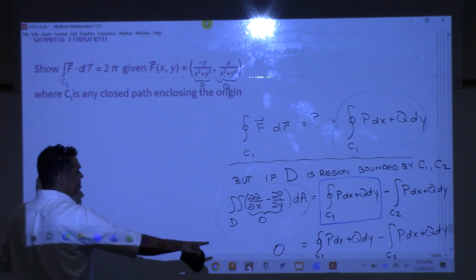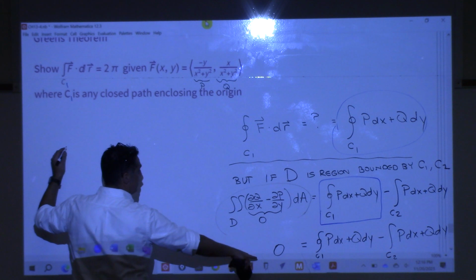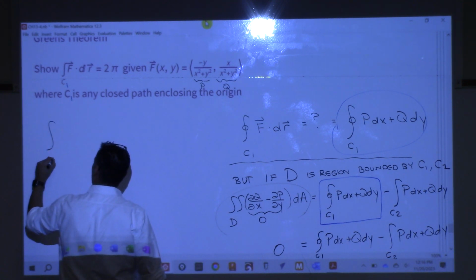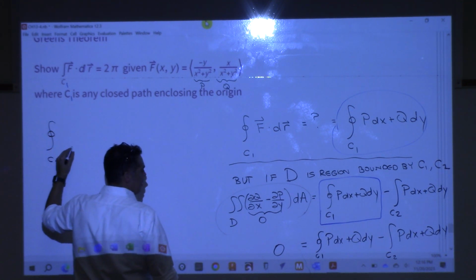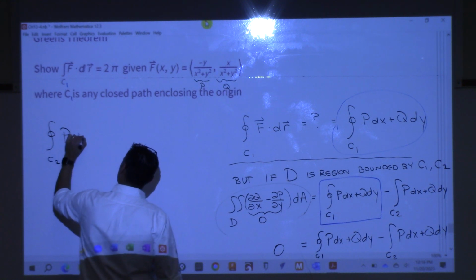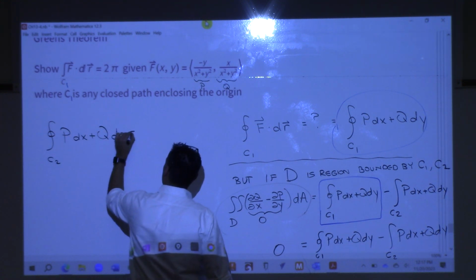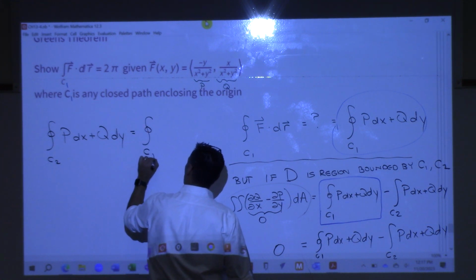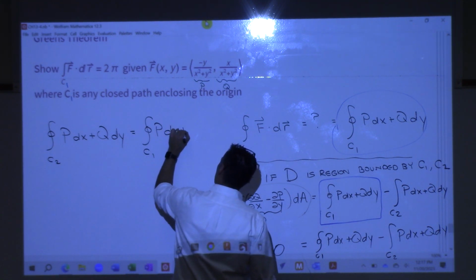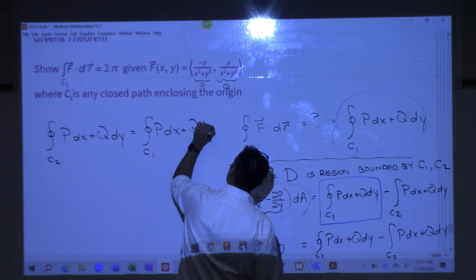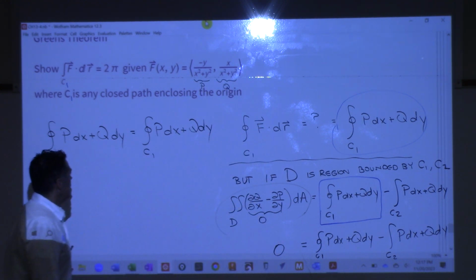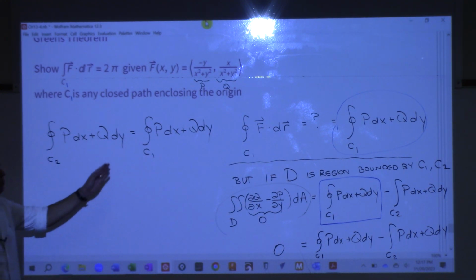So now I can say that the line integral over C2 of P dx plus Q dy must equal the line integral over C1 of P dx plus Q dy. And remember, C1 was arbitrary.